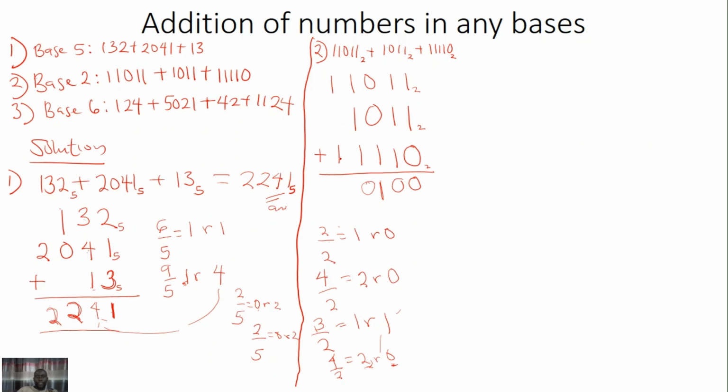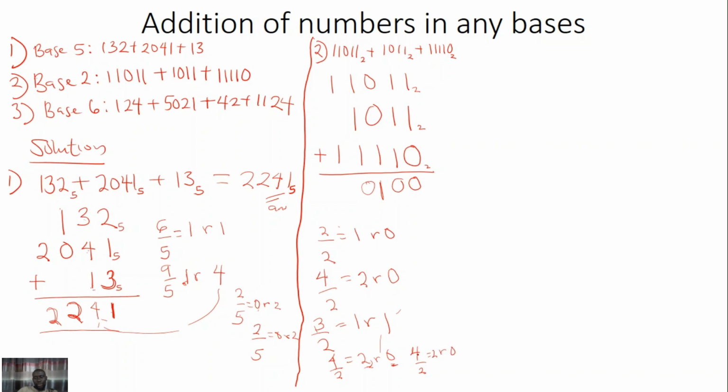So instead of us to write 4 down here, what we are going to do is to divide that 4 by 2, and that's going to give us 2, remainder 0.